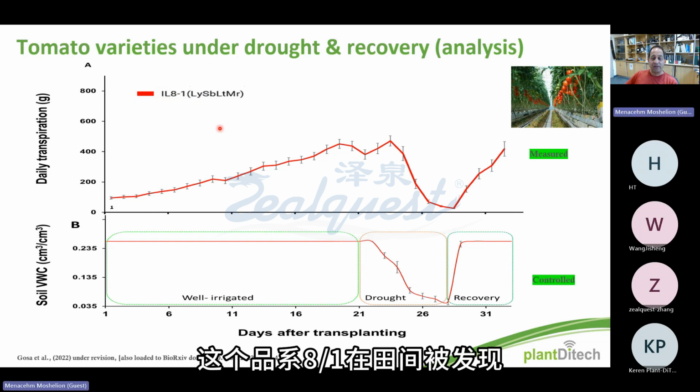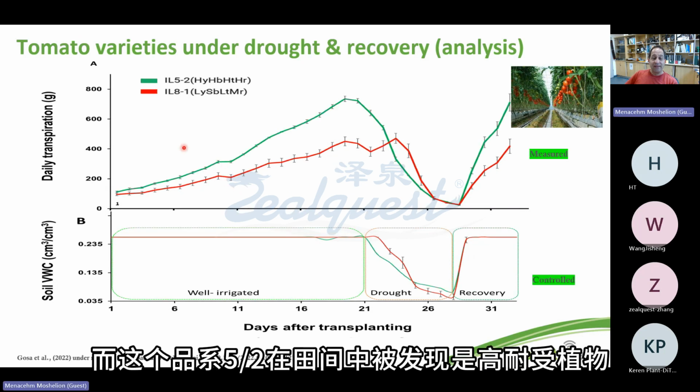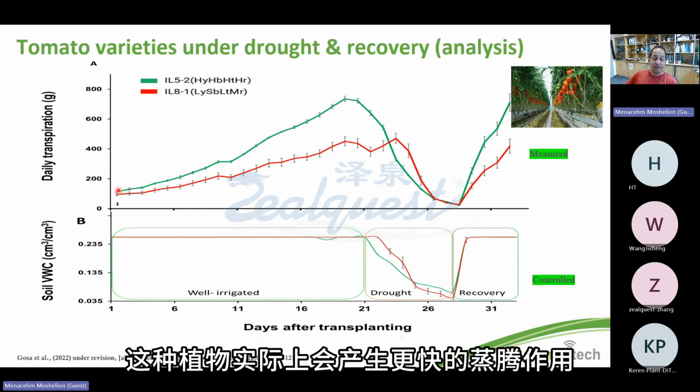This line, 8.1, was found in the field to be a very poor drought-tolerant plant. And this plant, 5.2, was found in the field to be a highly tolerant plant. And what you see is that this plant actually developed a much faster transpiration.